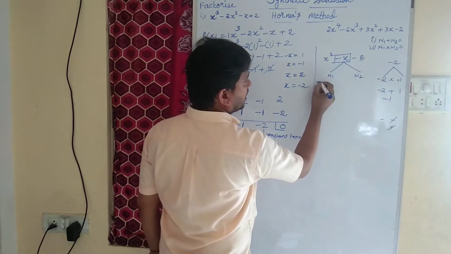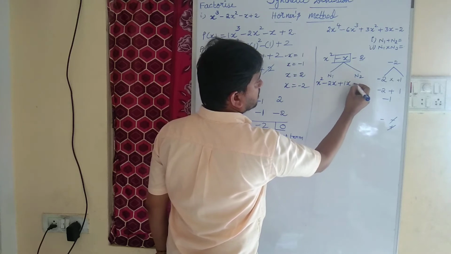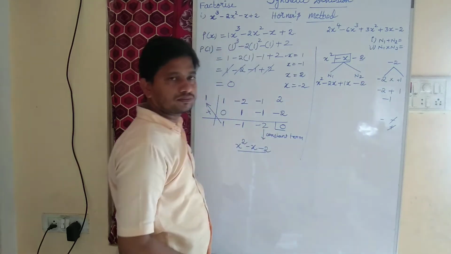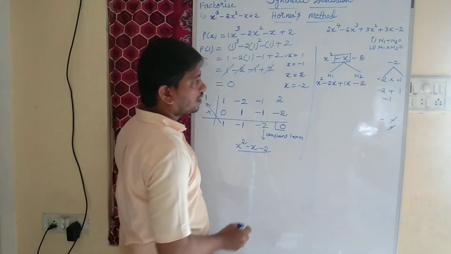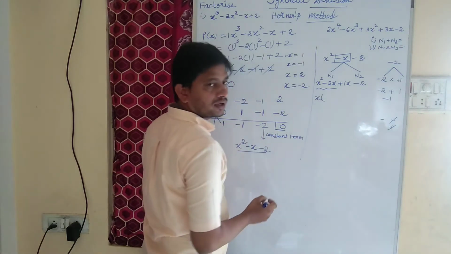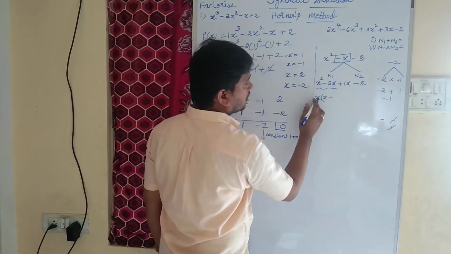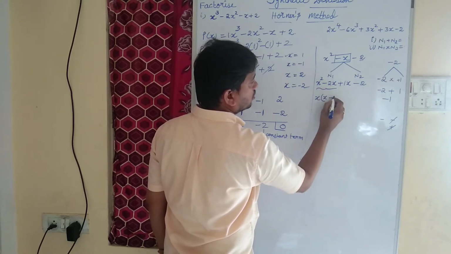So this I can write as x square minus 2x plus 1x minus 2. Right? Now from these two terms I can take x as common. If I take x as common, x into x, x square, minus x into 2, 2x.